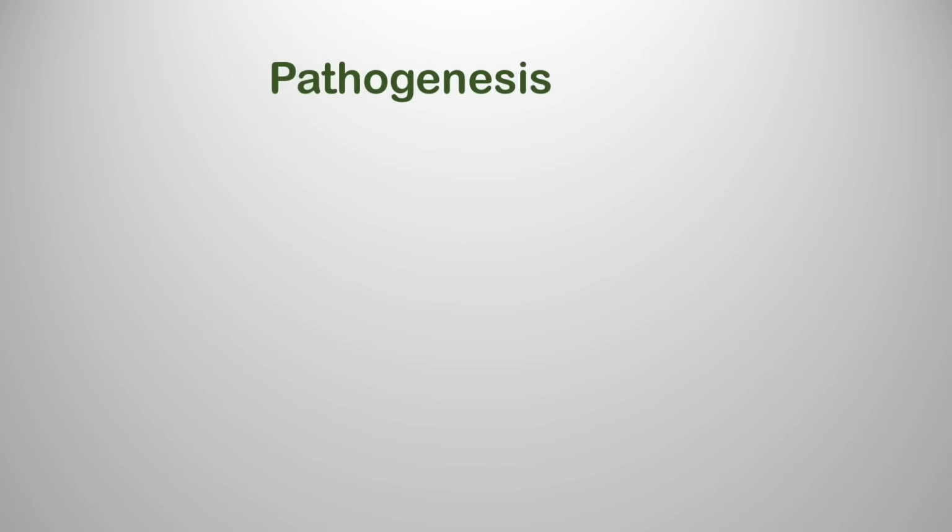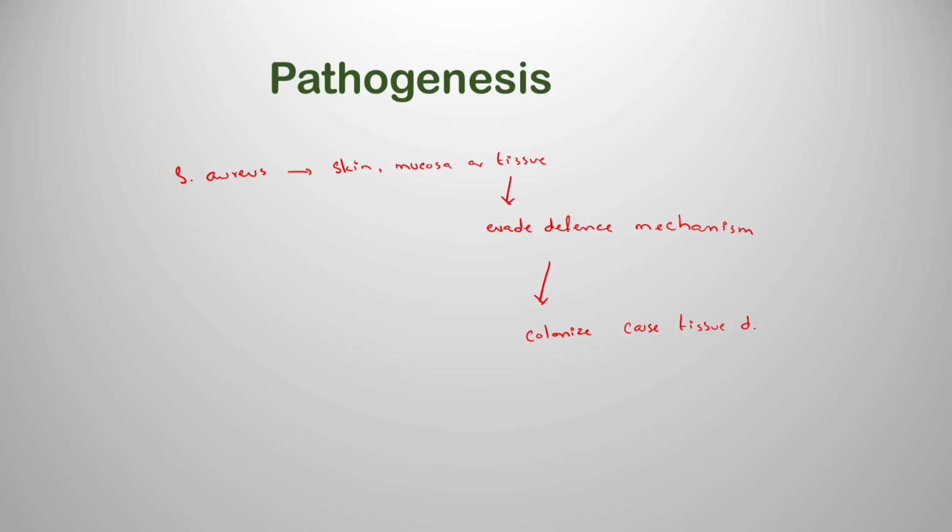Next is pathogenesis. Staphylococcus aureus adheres to damaged skin, mucosa, or tissue surface, or any other wound or injury. At these sites, they evade the defense mechanism of the host. They enter the host, destroy the defense mechanism, colonize, and cause tissue damage and disease.